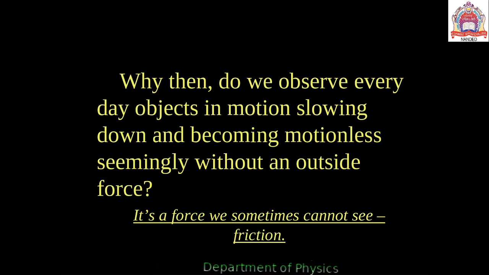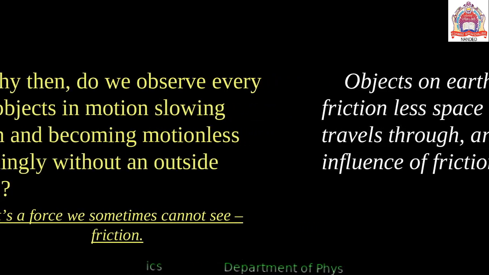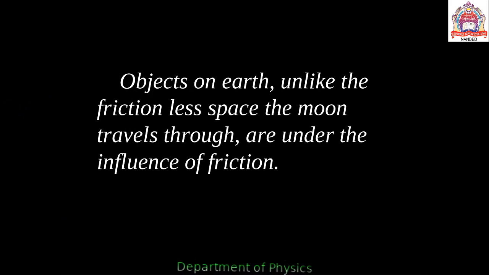Why then do we observe everyday objects in motion slowing down and becoming motionless, seemingly without an outside force? It is the force we sometimes cannot see, and that is friction. Objects on Earth, unlike the frictionless space the moon travels through, are under the influence of friction.